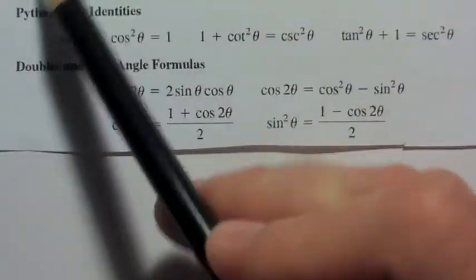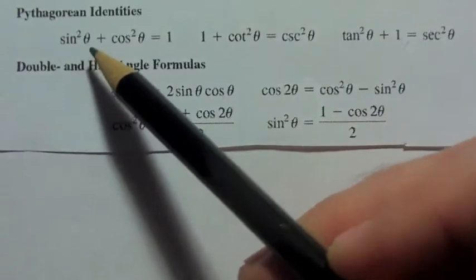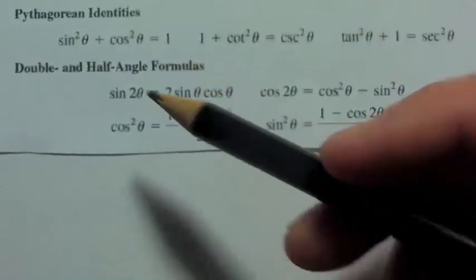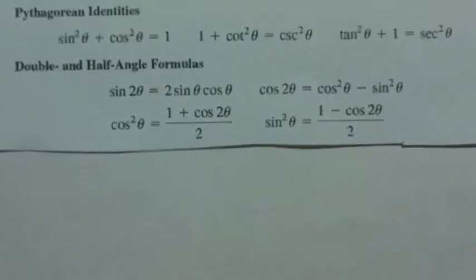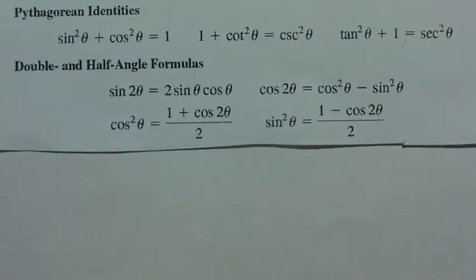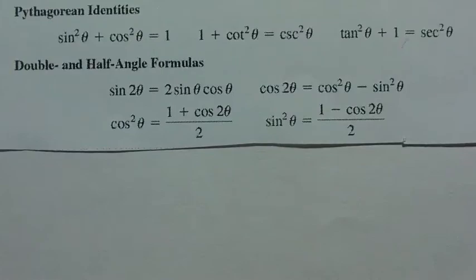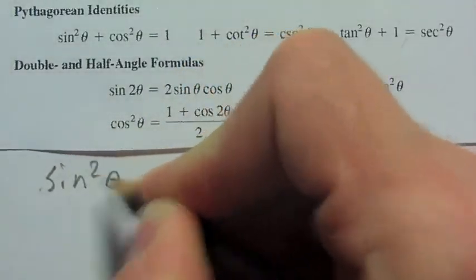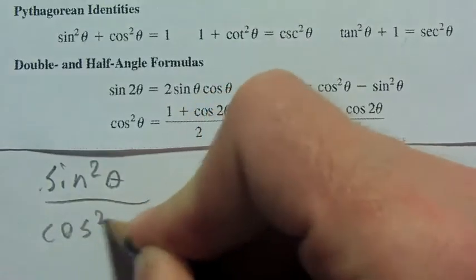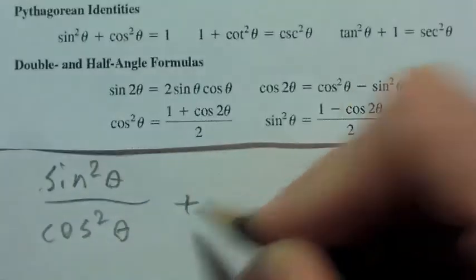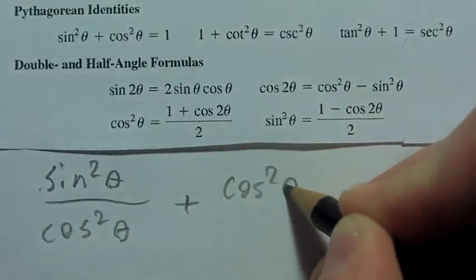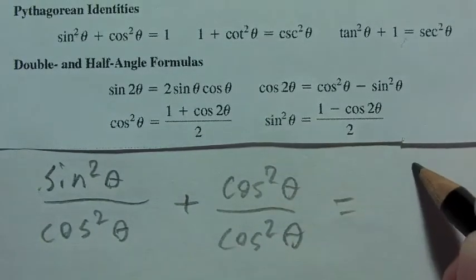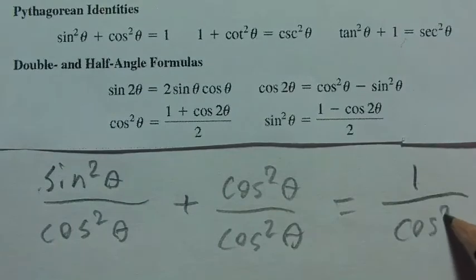Well, if I take this original one, sine squared theta plus cosine squared theta is equal to 1, and divide everything by, let's say, cosine squared theta, I'd get sine squared theta over cosine squared theta plus cosine squared theta over cosine squared theta is equal to 1 over cosine squared theta.